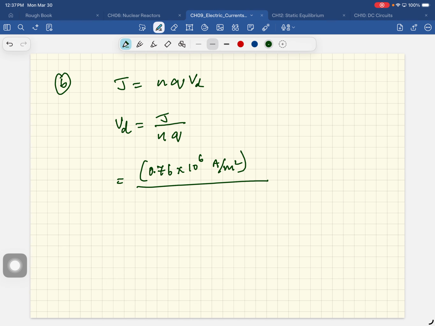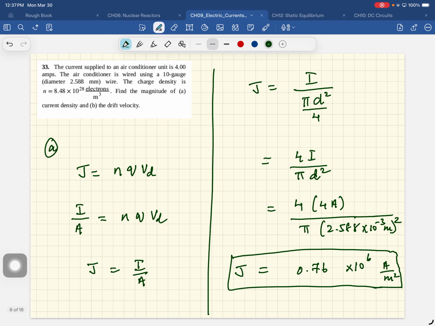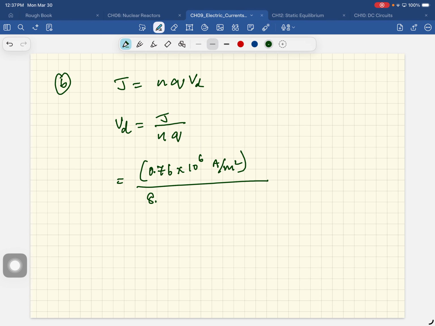And N is 8.48 into 10 to the power of 28 per meter cubed. And the charge of the electron is 1.6 times 10 to the minus 19 coulombs.